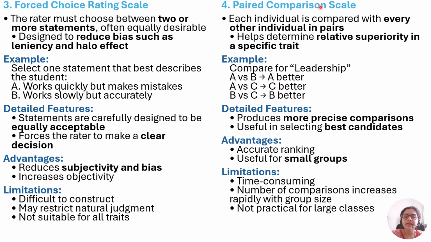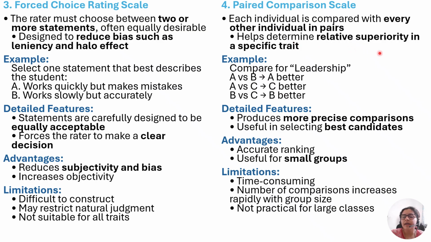Fourth, paired comparison scale. Okay, here each individual is compared with every other individual in pairs. That means a pair of individuals is taken and one is chosen as the best. A pair is taken and the best among the pair is chosen.